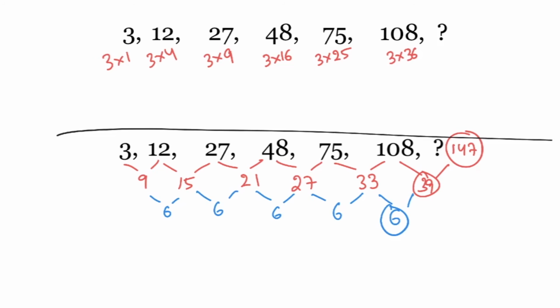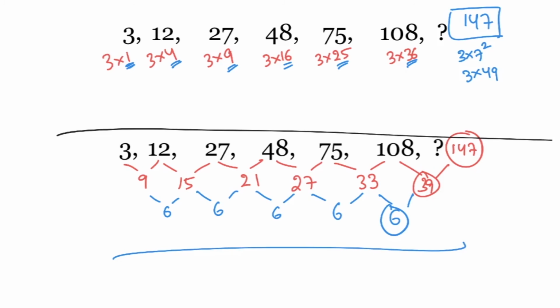You see, each term is 3 into a value, and that value is 1 square, 2 square, 3 square, 4 square, 5 square, 6 square, next 7 square, 3 into 49, 147 is missing term. Either identify differences or pattern is 3 into 1 square, 3 into 2 square, 3 into 3 square, 3 into 4 square and so on.